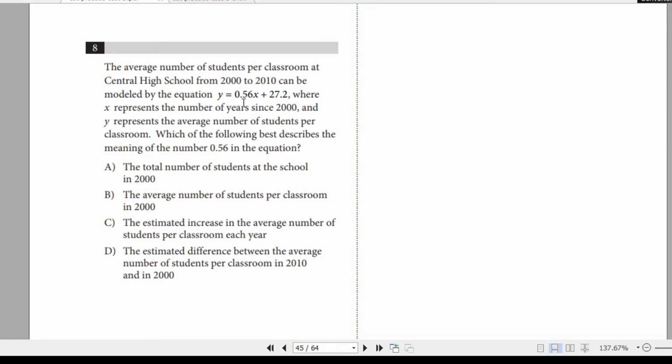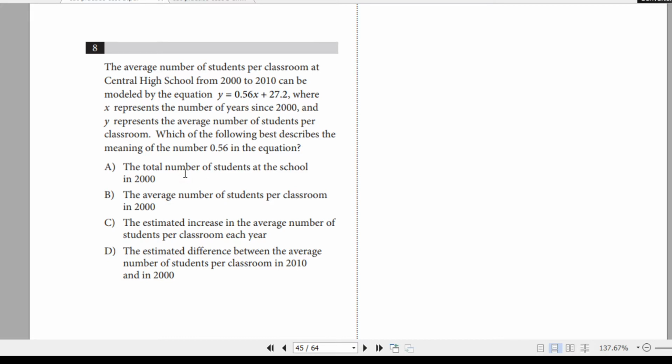This 0.56, and if you see, this is slope. So what does slope represent? The change every year. So the options are the total number of students at school in 2000, that is 27.2. Like in 2000, when it all started, the x was 0, so the total number of students were 27.2 for each class.